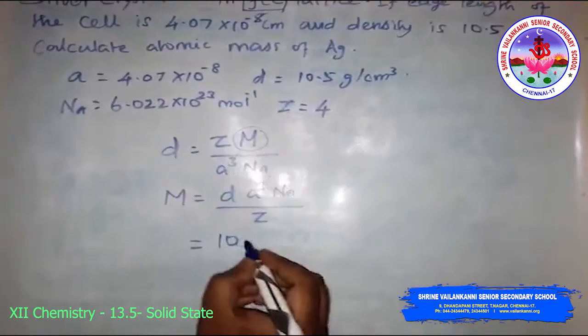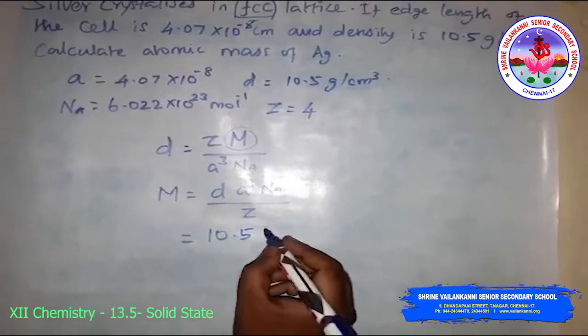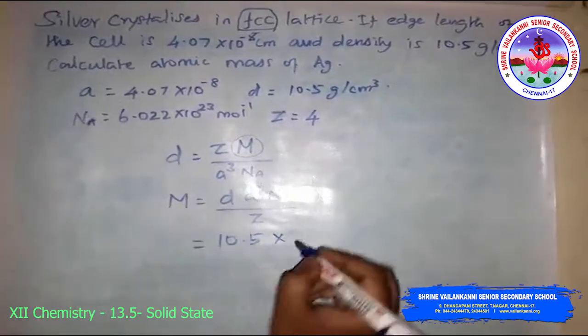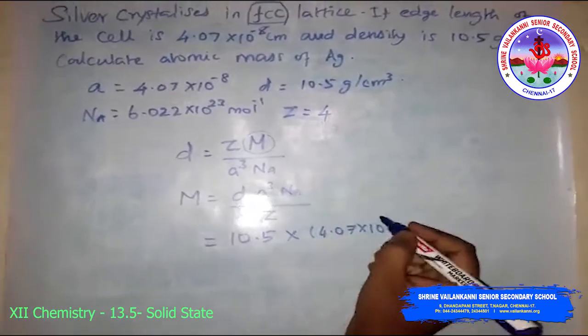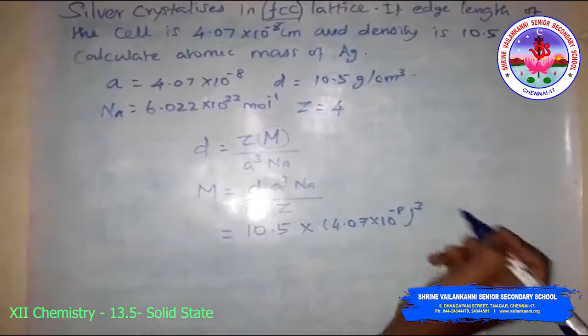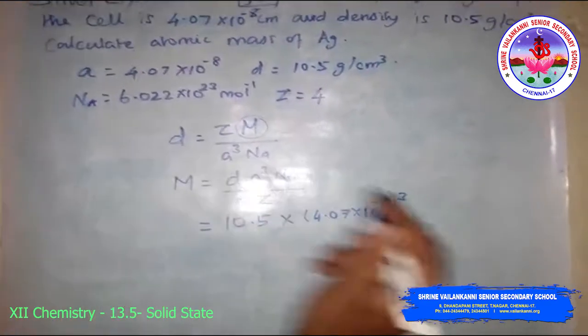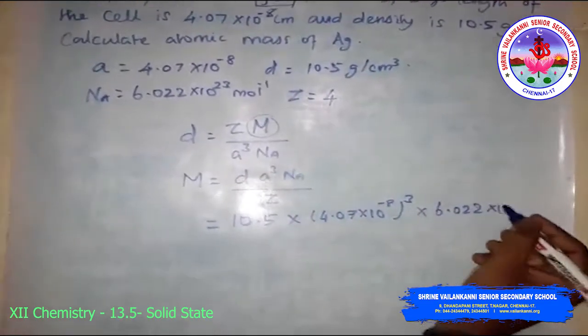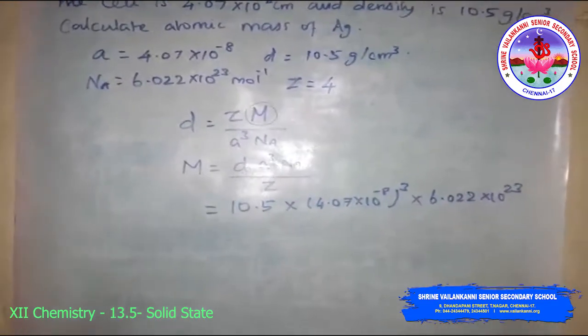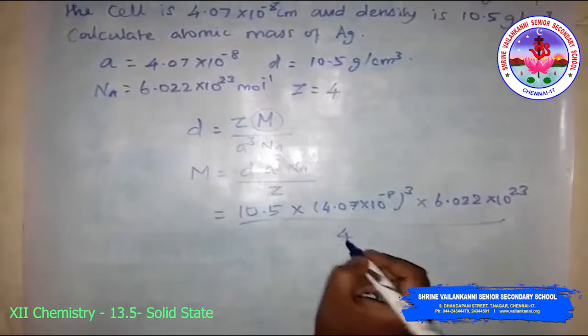D is 10.5, then A cube is 4.07 into 10 power minus 8 to the whole cube, then the Avogadro number is 6.022 into 10 power 23, divided by 4.